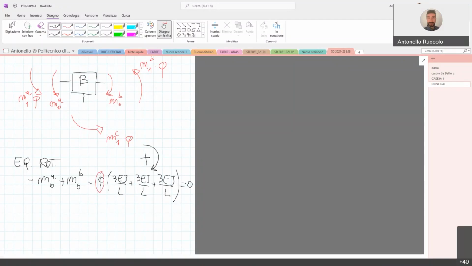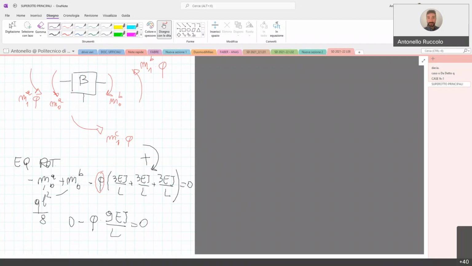But MA0 and MB0 are the same because they were both QL to the power of 2 over 8. And so we have that these two terms get 0, minus phi multiplying 9 iota over L equal to 0.